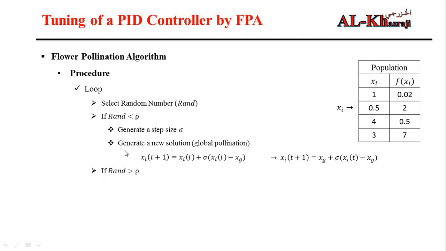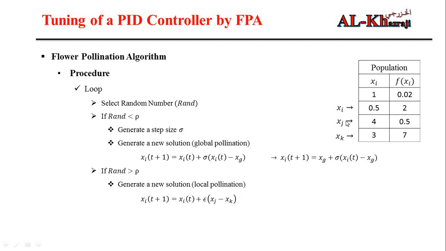Now, if the random value is larger than the switching, so for example, 0.6, 0.7, 0.5, so let's say it's equal or more than the switching factor, we will perform the local pollination, which is also the next update position, which is the current position, and also this is the step size, and the difference between two pollen just selected from the population randomly.